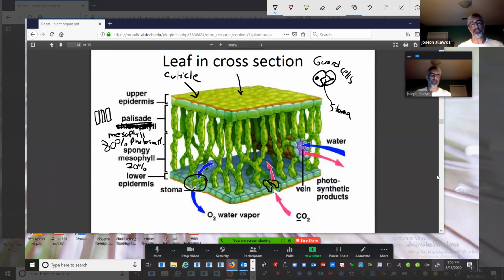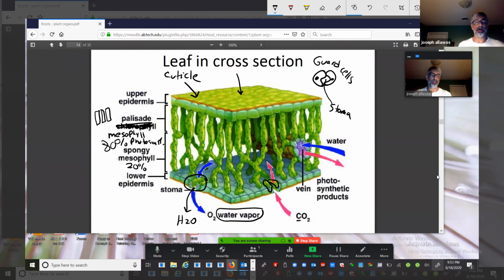A byproduct of photosynthesis is oxygen, right? So oxygen can leave. What else leaves? That would be something else to think about. What else leaves the leaf if this stoma is open? Water. It says water vapor right here. H2O. I'm just going to write H2O and draw a little arrow.